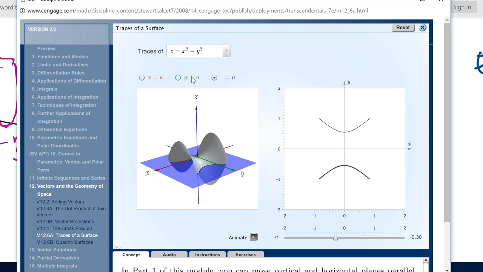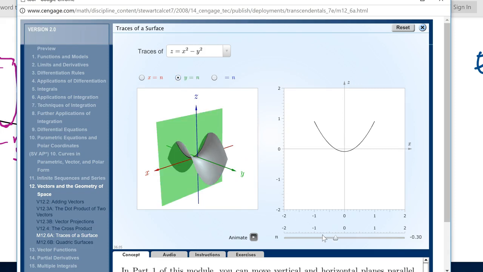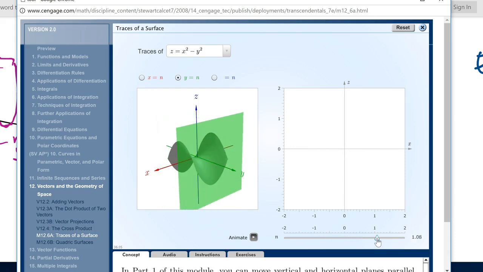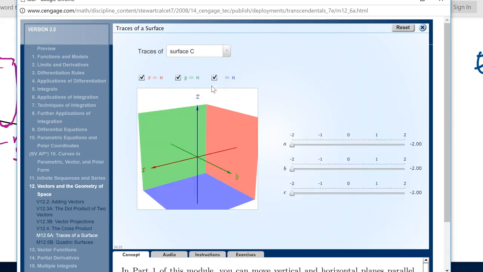Okay, if we do that for y, it'll look a little different. It's just parabolas. Same thing for x. It's just parabolas that look up and down like that. And same thing for, let's see, they have different surfaces. I don't know what this one is.